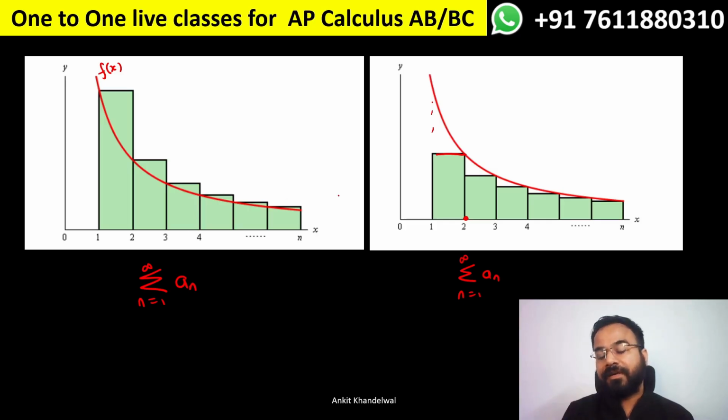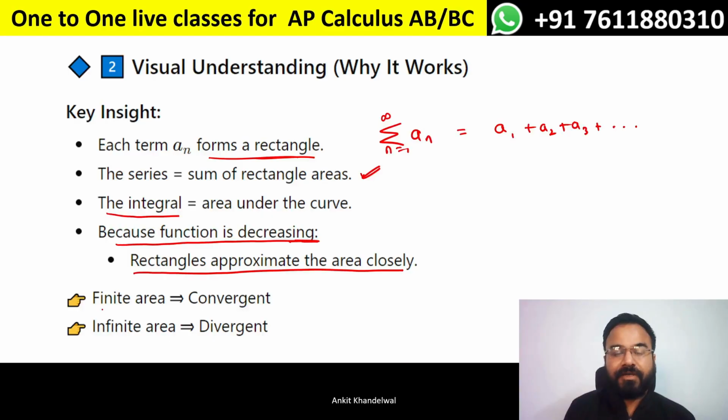If the integral diverges, let's say the answer is infinity, then the sum of the areas will also be infinity, which means the series diverges. That's what is written here. If there is finite area, we say convergent. If there is infinite area, we say the series is divergent. That is why we have to make sure that the function is decreasing.